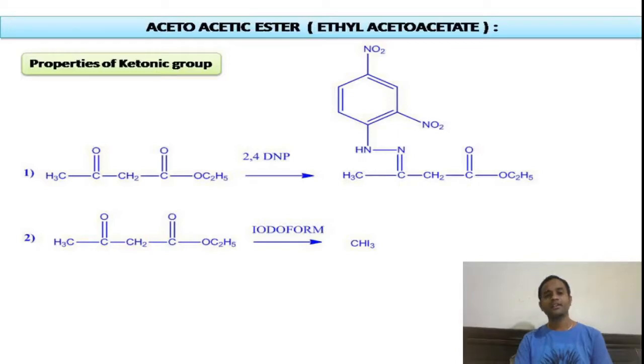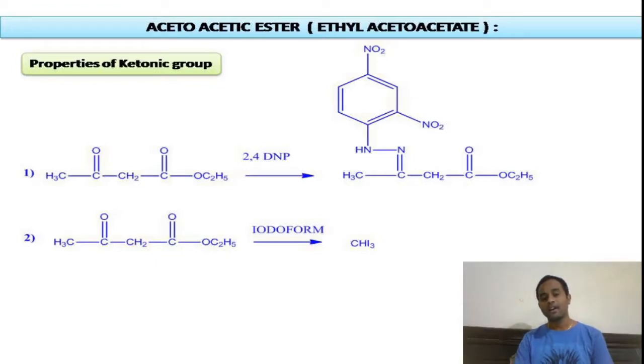Similarly, compounds having a methyl keto group, the keto group attached to CH3, give the iodoform test, right? In the presence of iodine in basic medium, these alpha methyl keto group containing compounds will form iodoform, that is CHI3. This is a yellow colored precipitate.